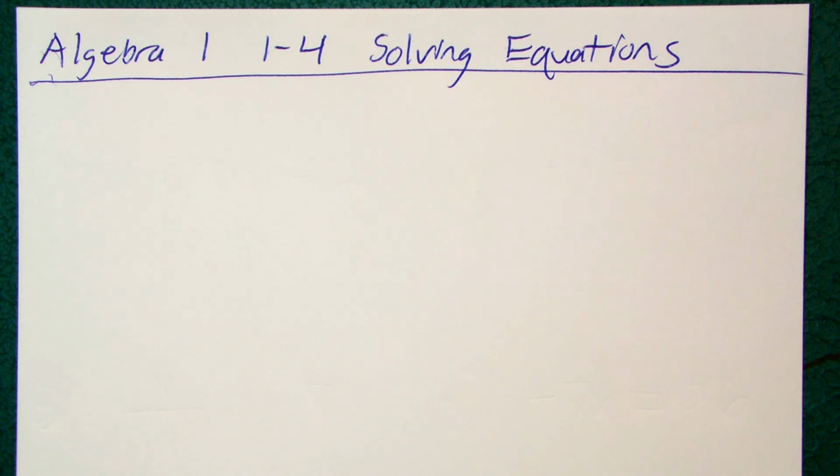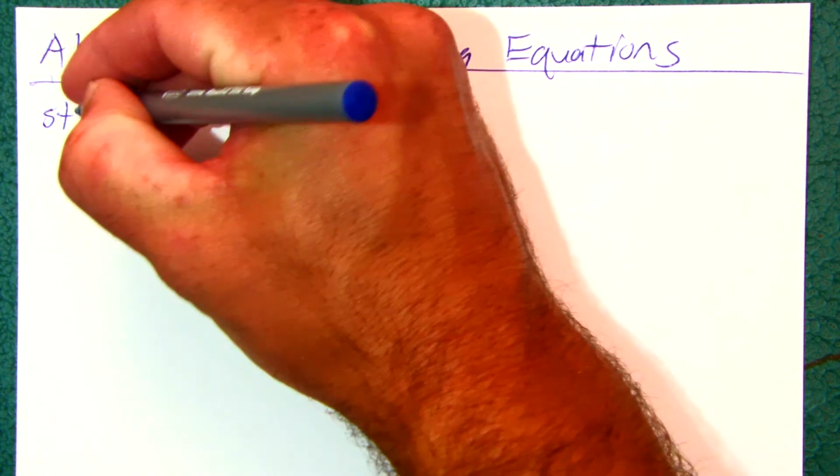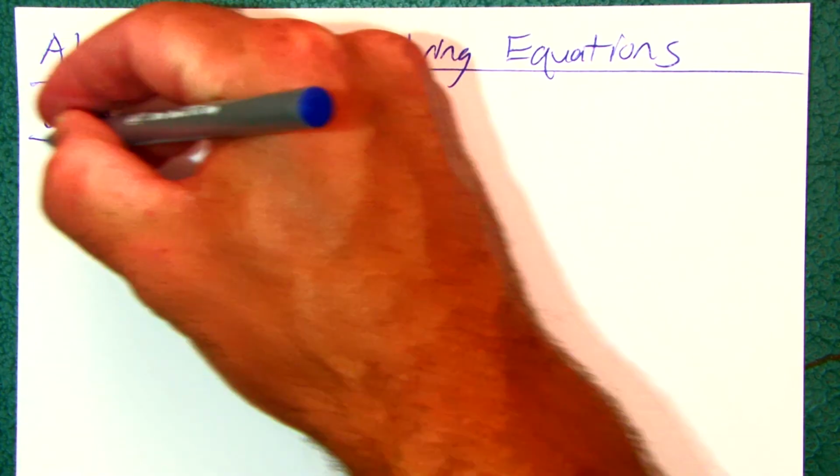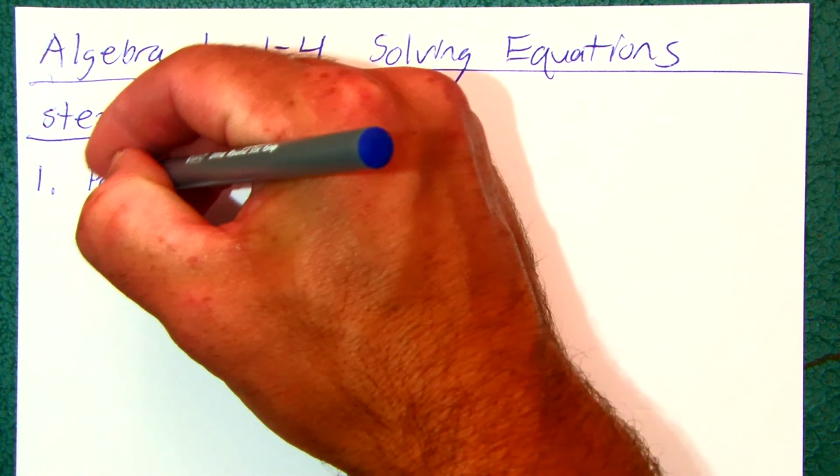Okay, so we're starting to get into some more multi-step problems here with solving equations. When you come across these problems, I've got a couple steps I want to talk about. The first thing you want to check for is: are there any parentheses?